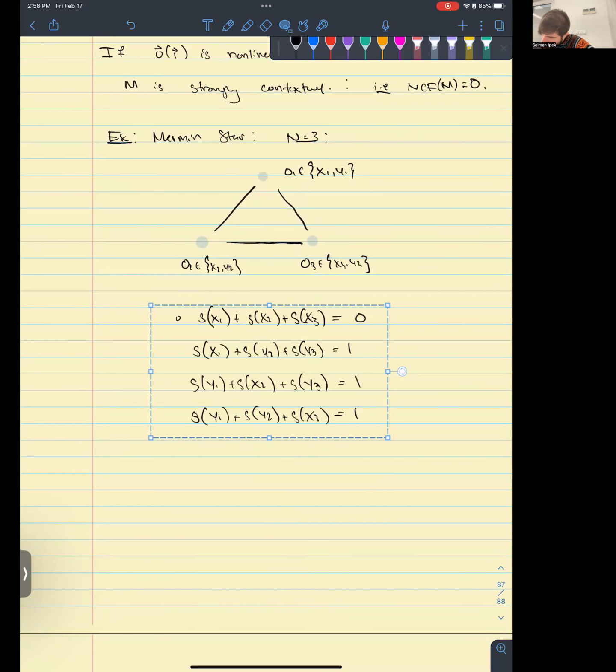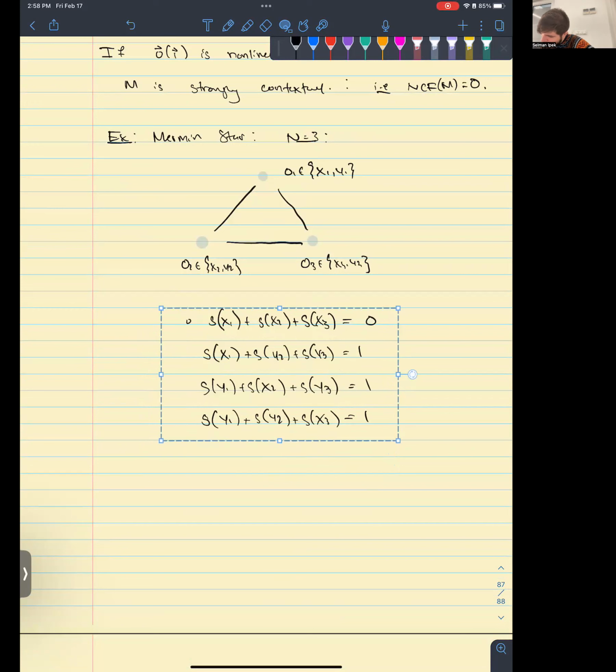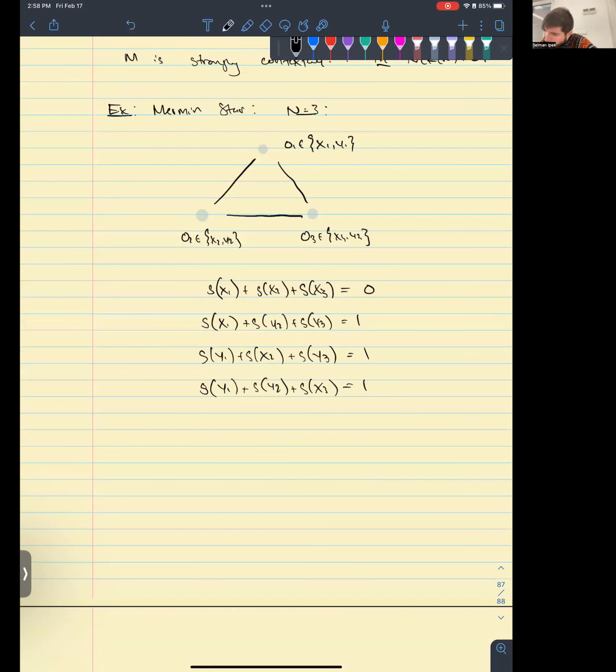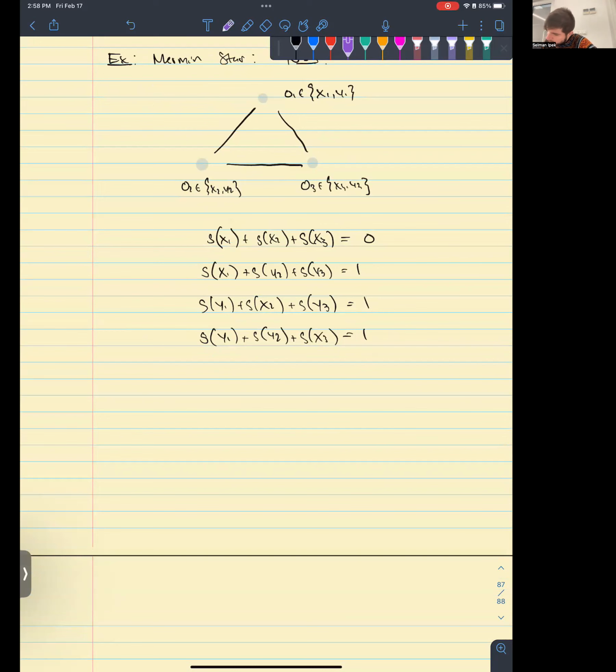We have this table of stuff that needs to be reproduced. And what we noticed before was that this is actually contextual, because if I sum up everything, I get 0 equal to 1, which is a contradiction. So we know that this is a contextual value assignment.